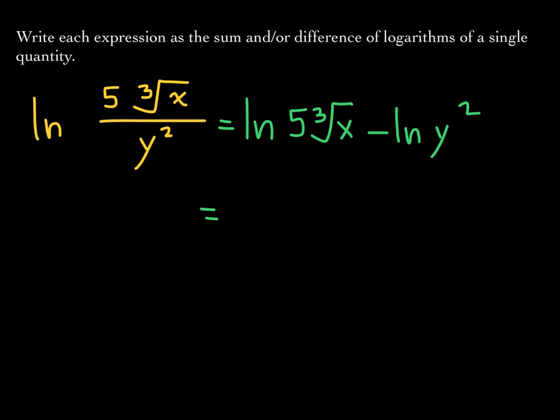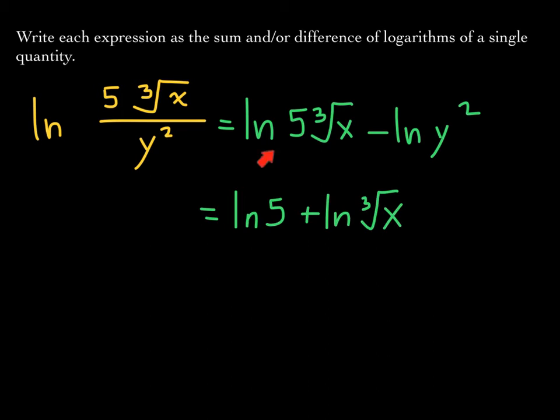Now I am going to use the product rule to rewrite this first logarithm as the sum of 2 logs, because this is 5 times the cube root of x. So this is going to be equal to the natural log of 5, that's the first factor, plus the natural log of the cube root of x, that's the second factor.